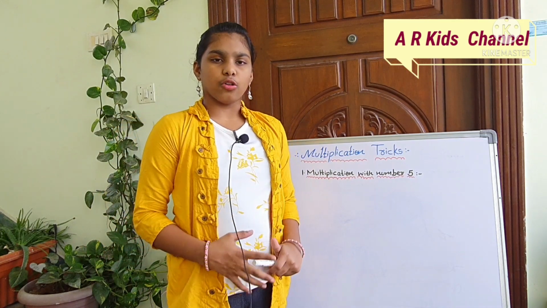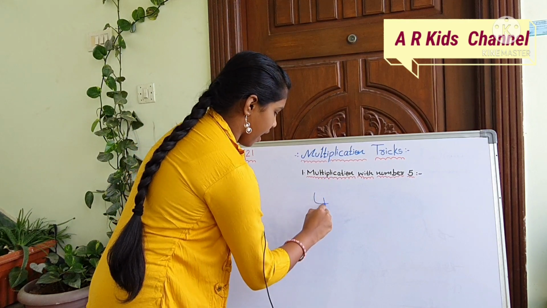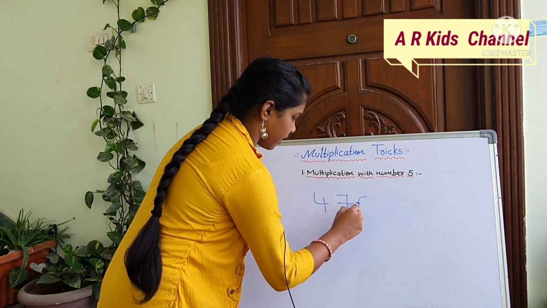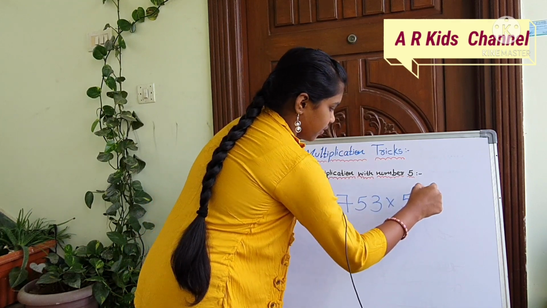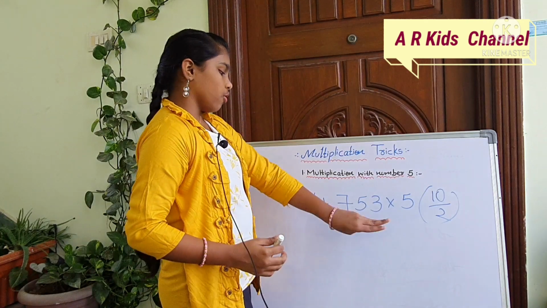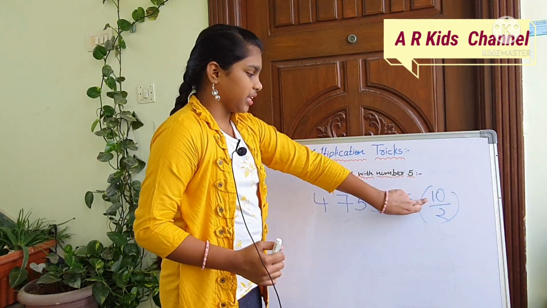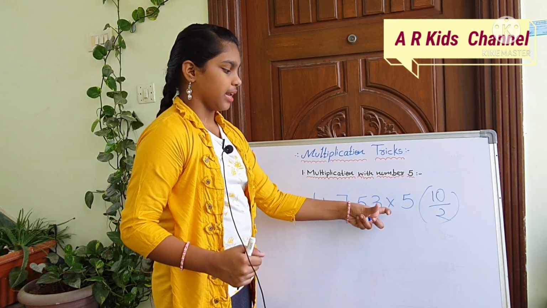Now let us see how to solve if we get an odd number in the end. So I have number 4753 into 5. First you need to write 10 by 2. Now this time first we'll multiply with 10 and then divide the number with 2, because we don't have any even number ending in the end.